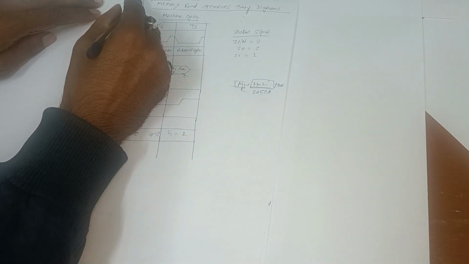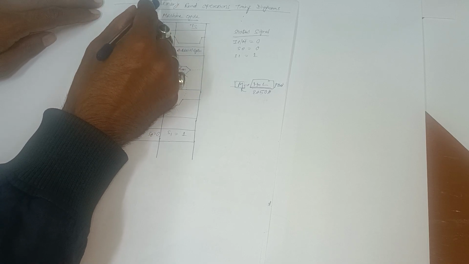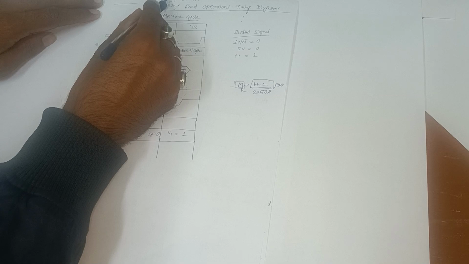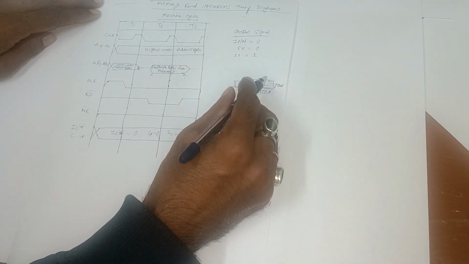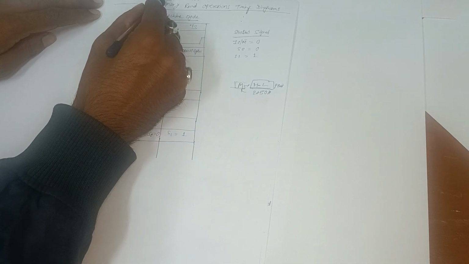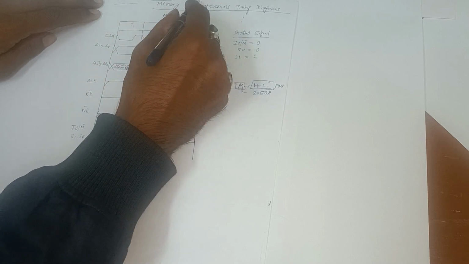So move a comma m means the content of the memory location is copied to the accumulator. Move c comma m means the content of the specified memory location, the HL register pair location, will be copied to the C register.